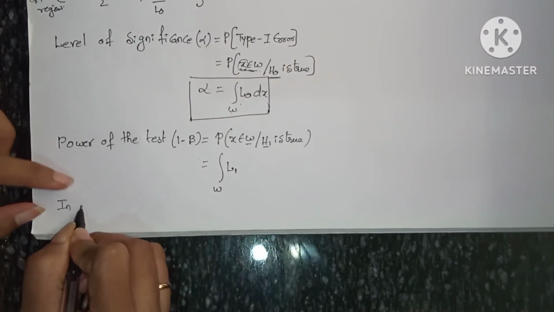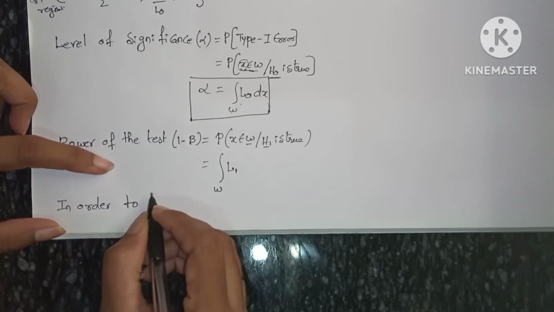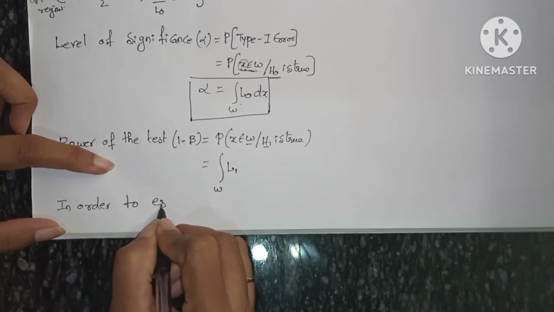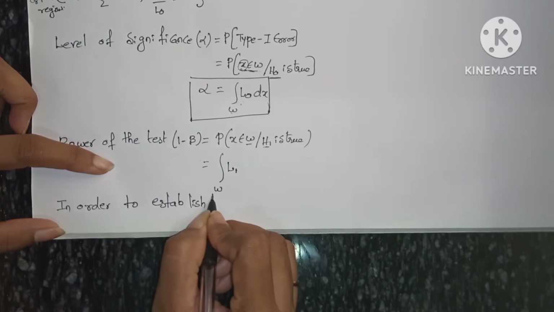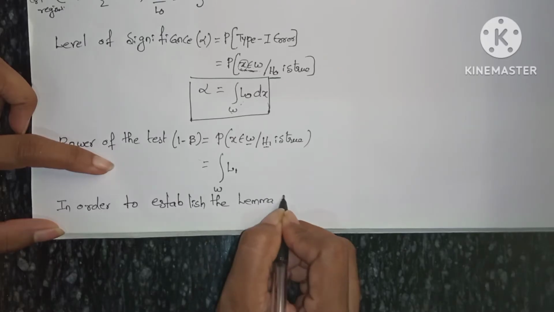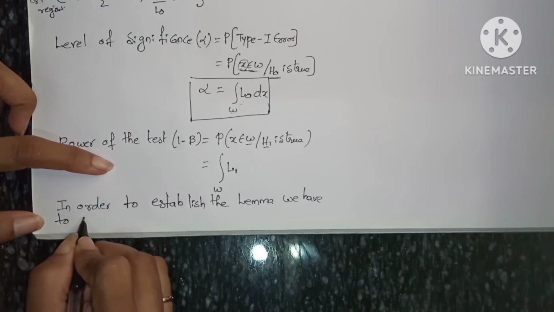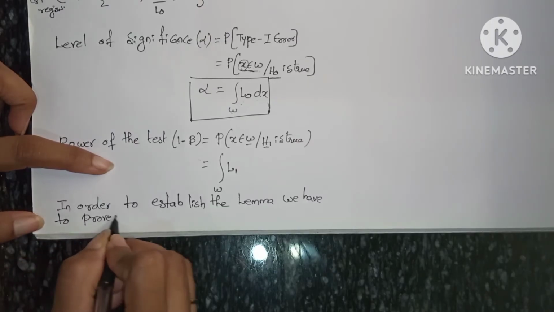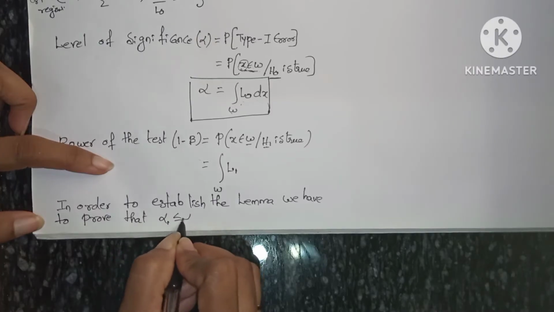to establish the lemma, we have to prove that alpha 1 is less than or equal to alpha.